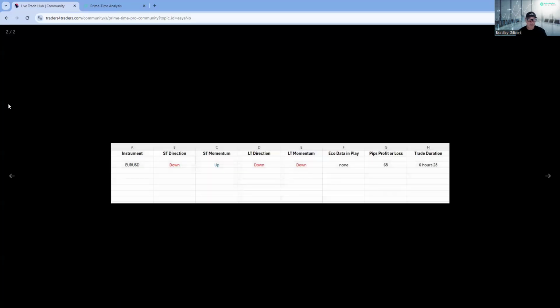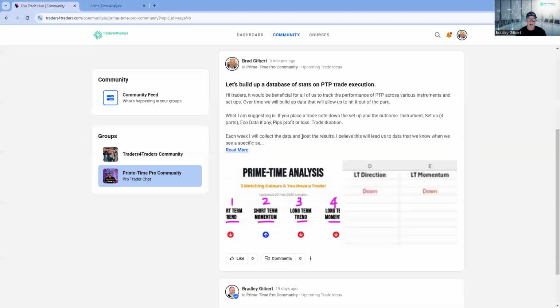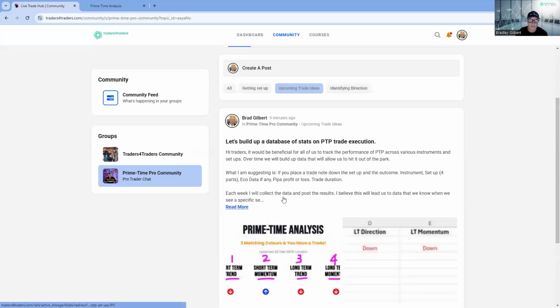Now, if you want to see the general setup of an Excel spreadsheet, you can do it on a Word doc or anything for that matter. But these would be the data we need: what instrument, short-term direction, momentum, long-term direction, long-term momentum, economic data in play, profit and loss, trade duration. So when you are placing the trade, activating the trade in the market, that's when we need the information.